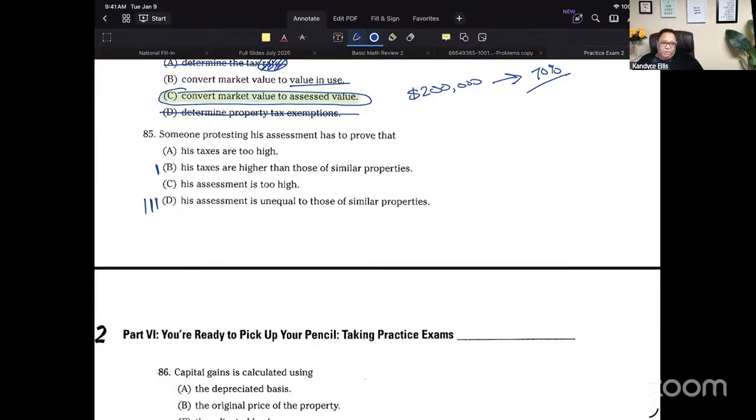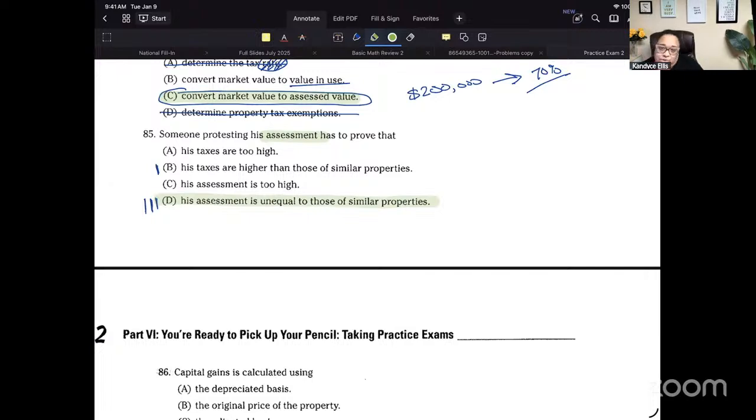That sounds awful when I say it. That sounds very passive aggressive. But yes, the answer is D. This is a good question. I won't say it's hard, but it's a good question. Why? Because if you're protesting the assessment, the county, the city, the municipality could give two craps if you think the taxes are too high.